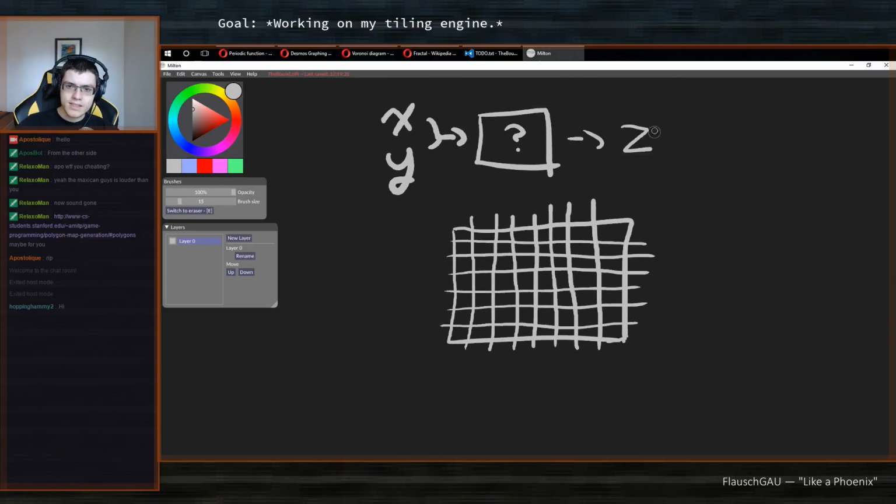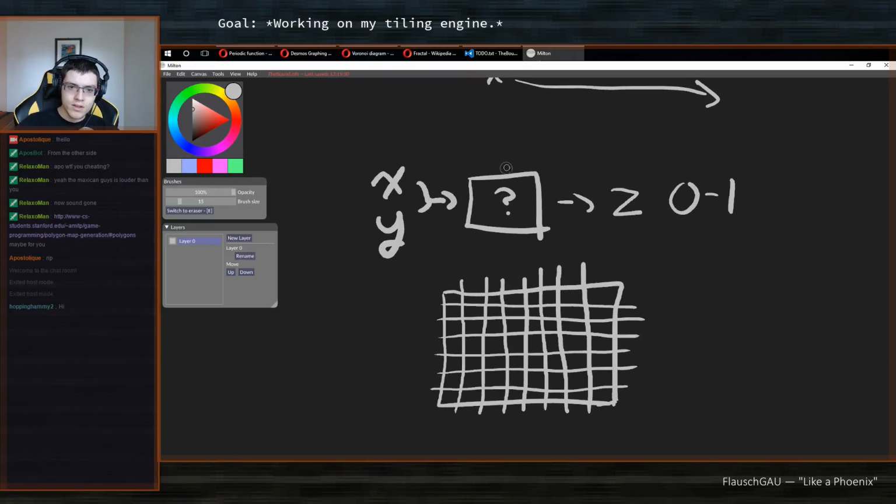let's say Z is either a 1 or a 0. So it's either 1 or 0, or 0 or 1. On, off. So given X and Y, do something. Whatever you're doing, give me a 0 or a 1.